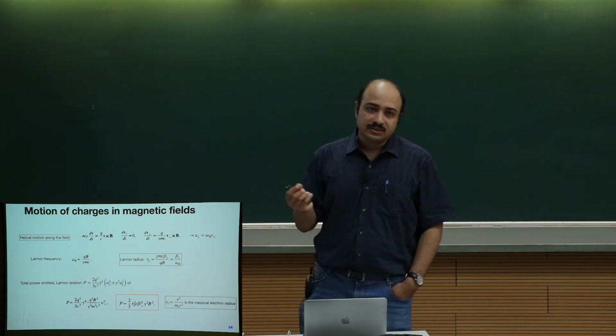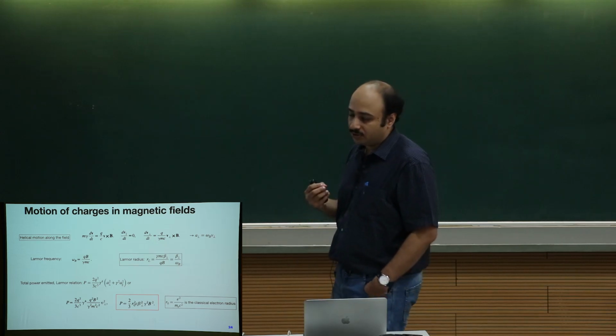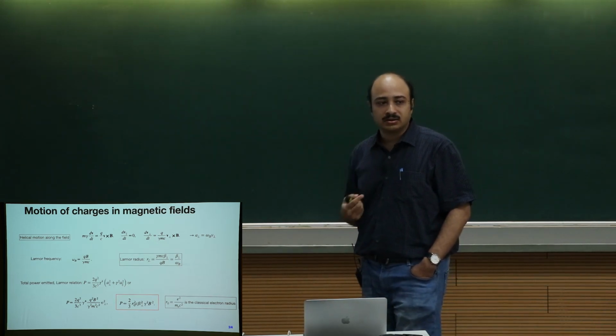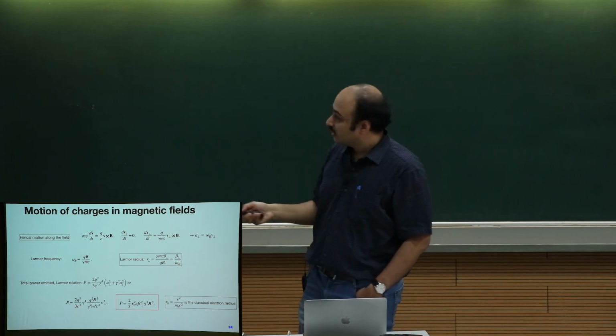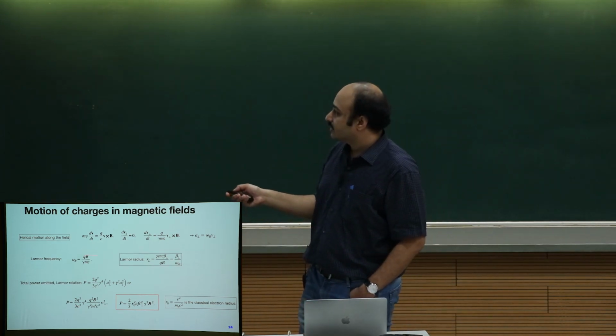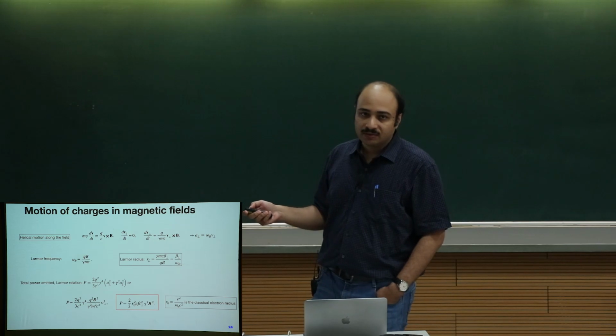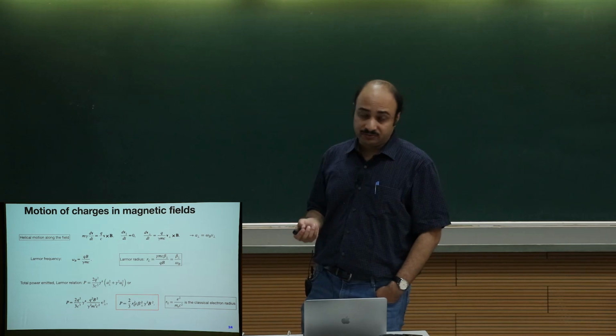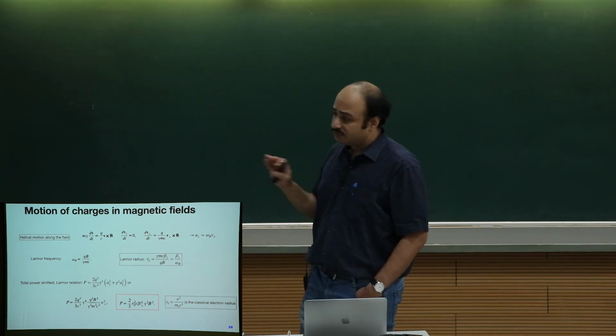All of you have done basic electrodynamics, so you know the gyration of charges along magnetic fields. Dropping the gamma, this is how the equation looks. If the charge is moving at relativistic speeds, you have mγ dv/dt equals q v cross B by c. For now, the acceleration component parallel to the velocity is 0. Forget the parallel component.